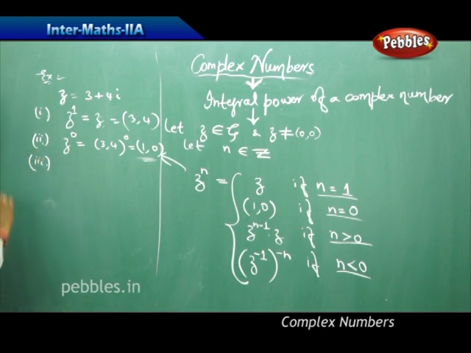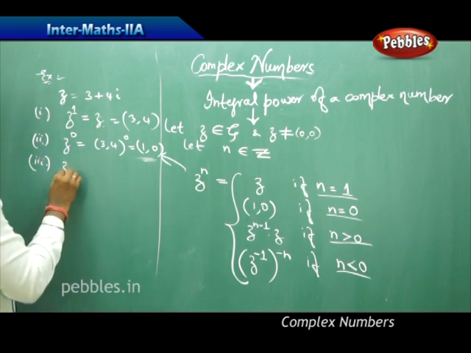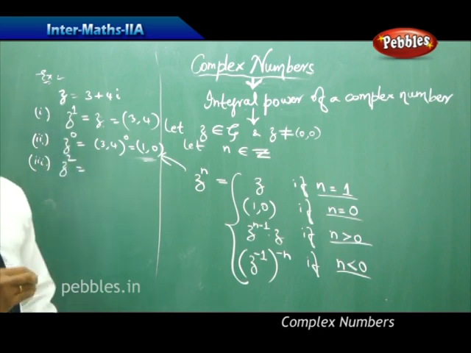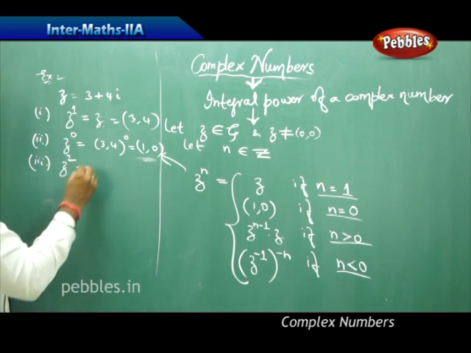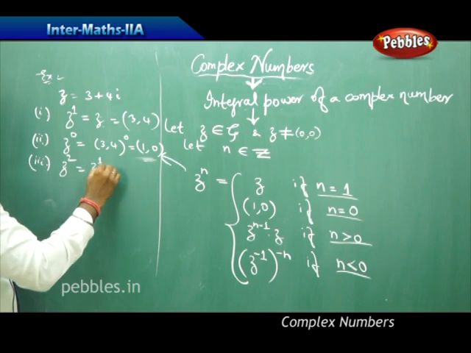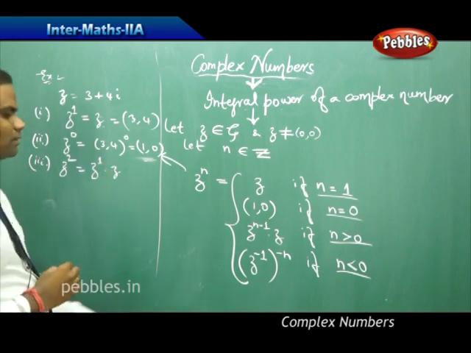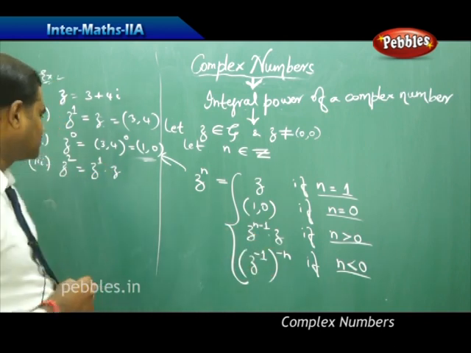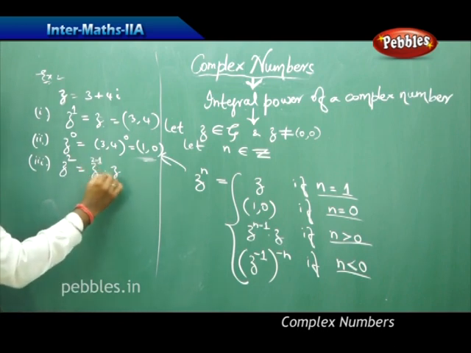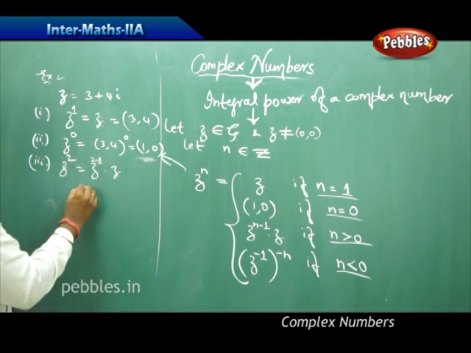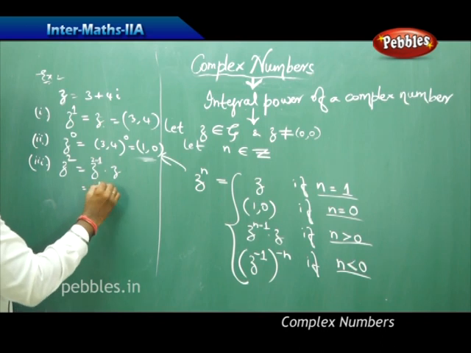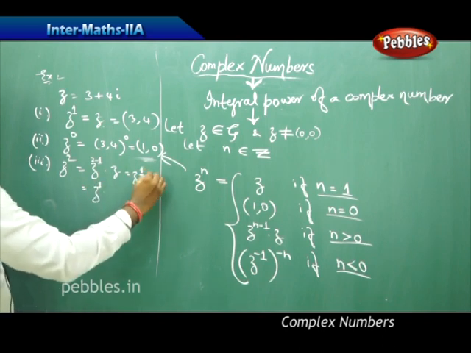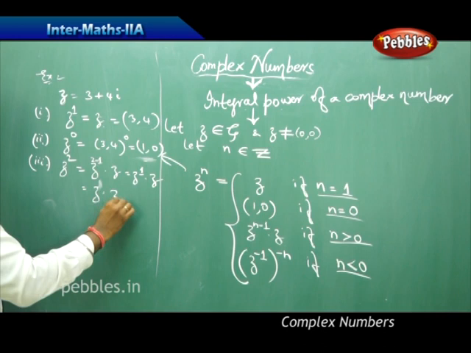Now thirdly, if I wanted to find z squared, I write this as z^(2-1) times z, which is z^1 times z, that is z into z.